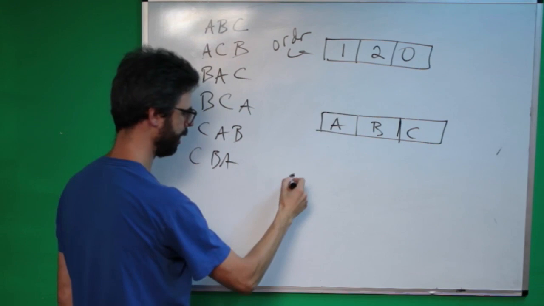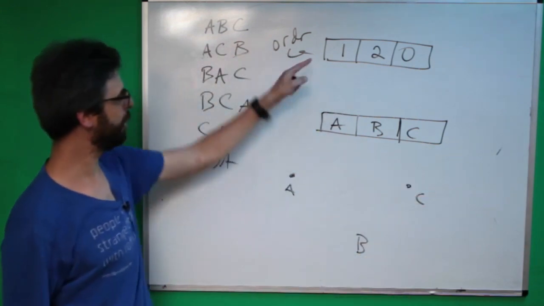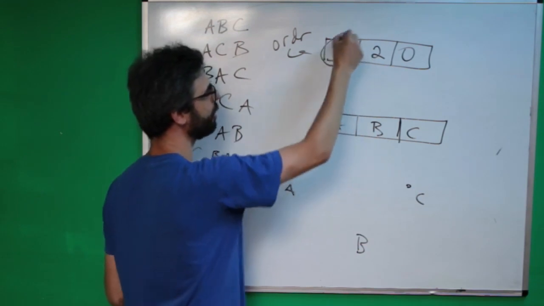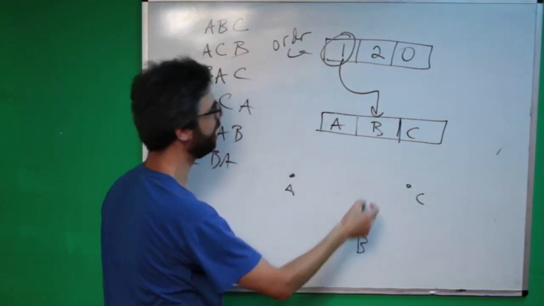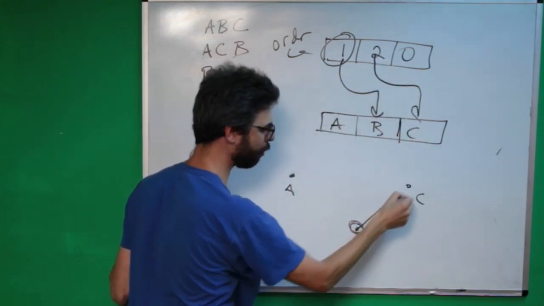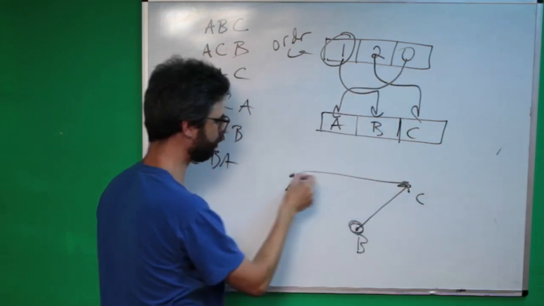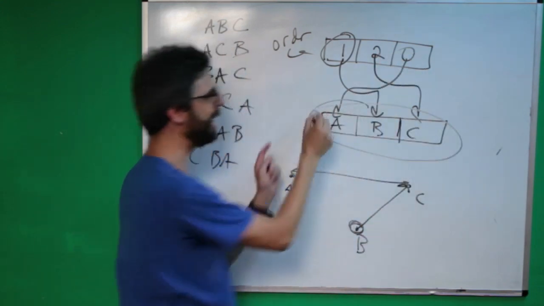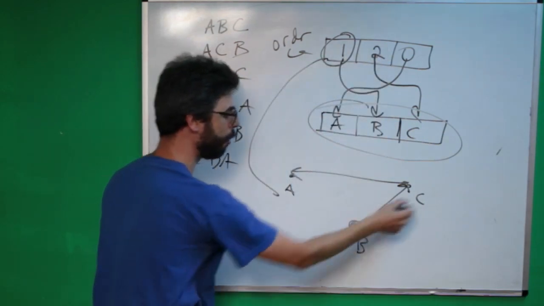So A, B, C. What I want to do is start here and say, okay, the first city is 1, which means it's B. So I'm here right now. Then the next city is 2, which is C, which means I travel to here. And then the next city is 0, which is here, which means I travel to here. So this never changes. This is the thing that's changing around and what we use to inform the order we draw here.